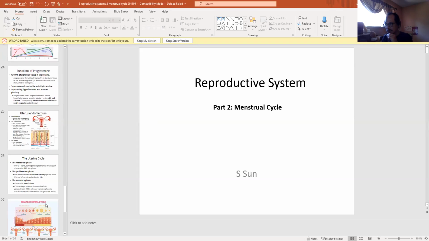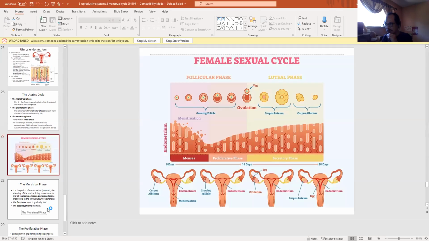I think we have one of this figure right here. So this is the cycle where we have the menstruation almost every 28 days, and menstruation is the loss of part of this very inner layer of the uterus. This layer is called the endometrium, and after that, the hormone will regulate this entire process, and then the endometrium will regrow.